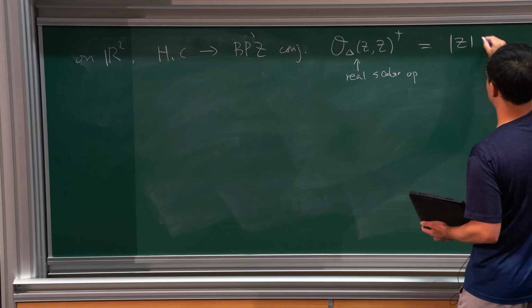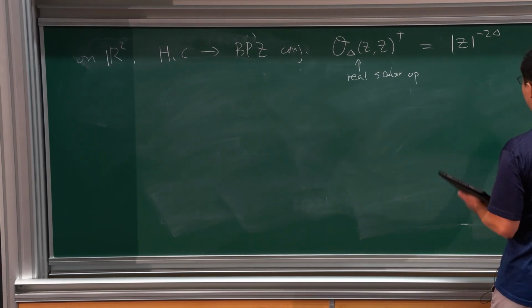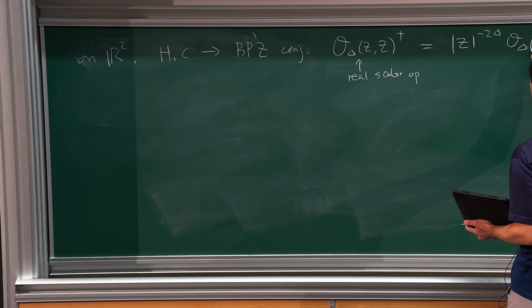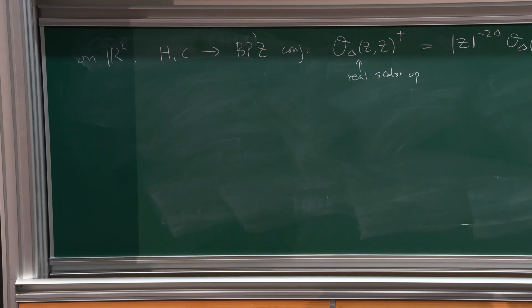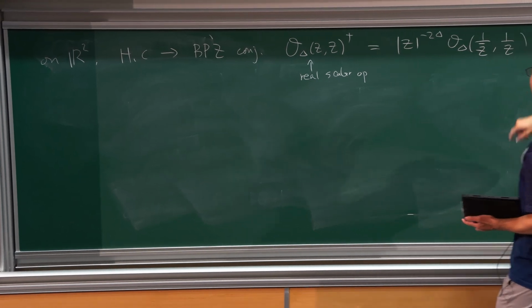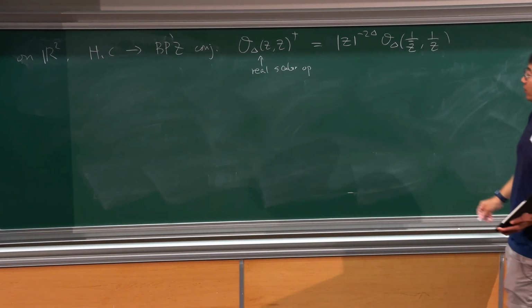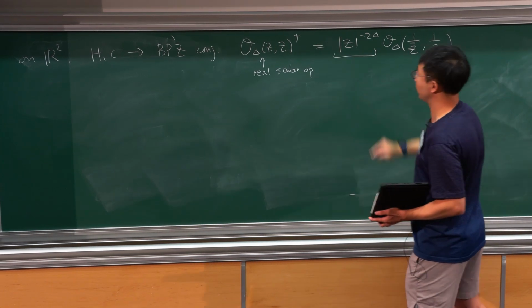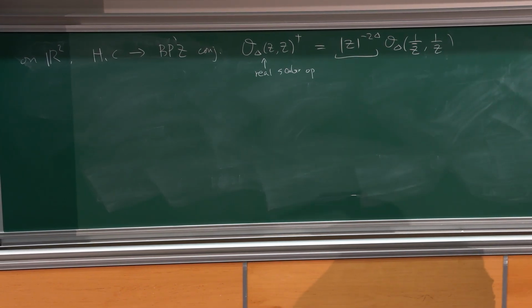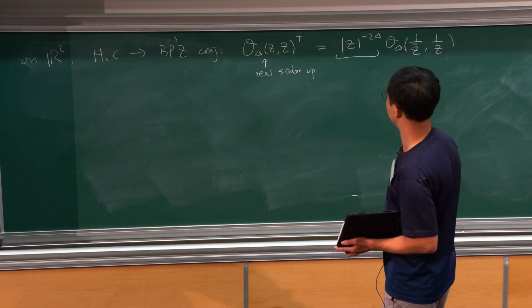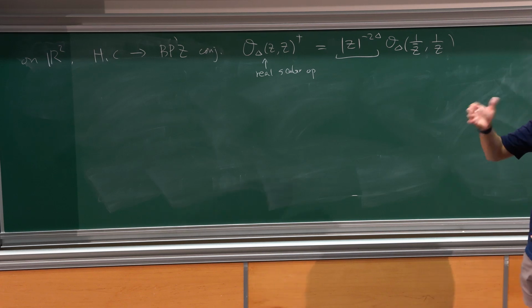You get this additional factor that's coming from relating the operators on the cylinder and the operators on the plane, and using the fact that on the cylinder time is being reflected under this conjugation. Importantly, it is 1 over z bar in the first argument and 1 over z in the second argument. Another way to understand this intuitively is that time on the plane in the radial quantization corresponds to the radial direction, and reflecting time is nothing but inversion.